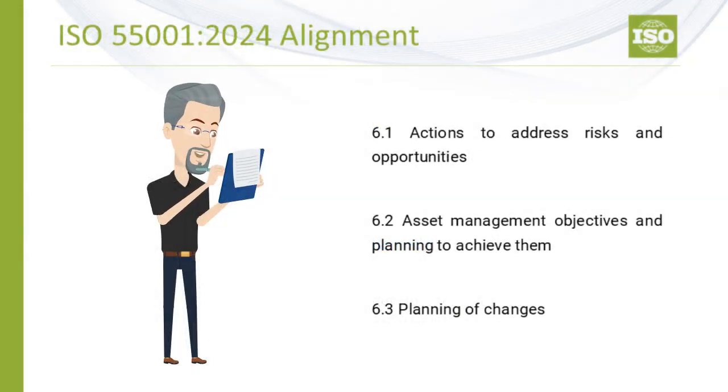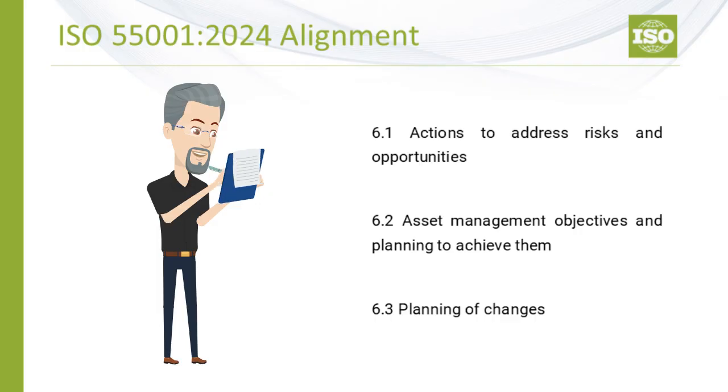So from an ISO perspective, whilst planning does cover quite a broad spectrum of the areas of the standard, the ones that stand out, of course, are 6.1. What are the actions to address both risk and opportunity? Because your planning wants to be underpinning that and addressing those. Asset management objectives and planning to achieve them in 6.2 is another key element and probably the most relevant of the ISO clauses in relation to planning more generally.